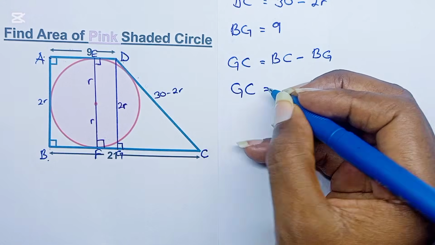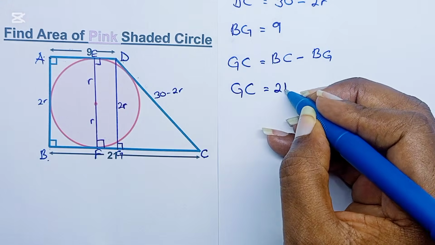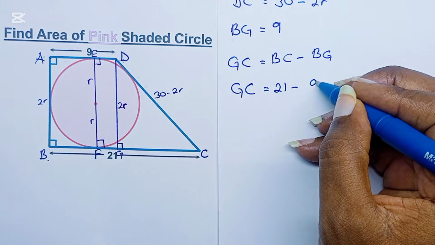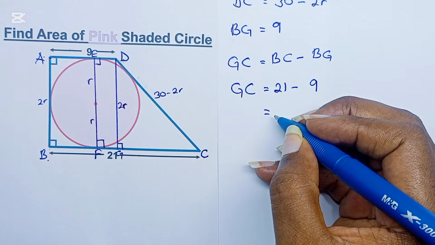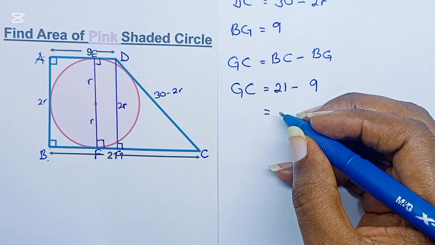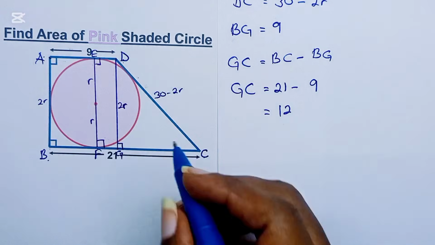So GC is equal to 21 minus 9, which is 12. So from here to here is 12.